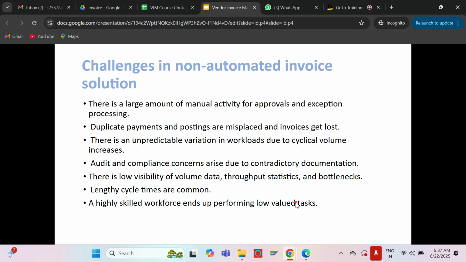Now, in this non-automated process, there are chances that many things can be missed due to hurry. Or if the invoice is not posted by today, what will happen? You will have to pay the penalty. So there are many challenges here. Also, VIM is something which is being used only by medium to large scale companies.